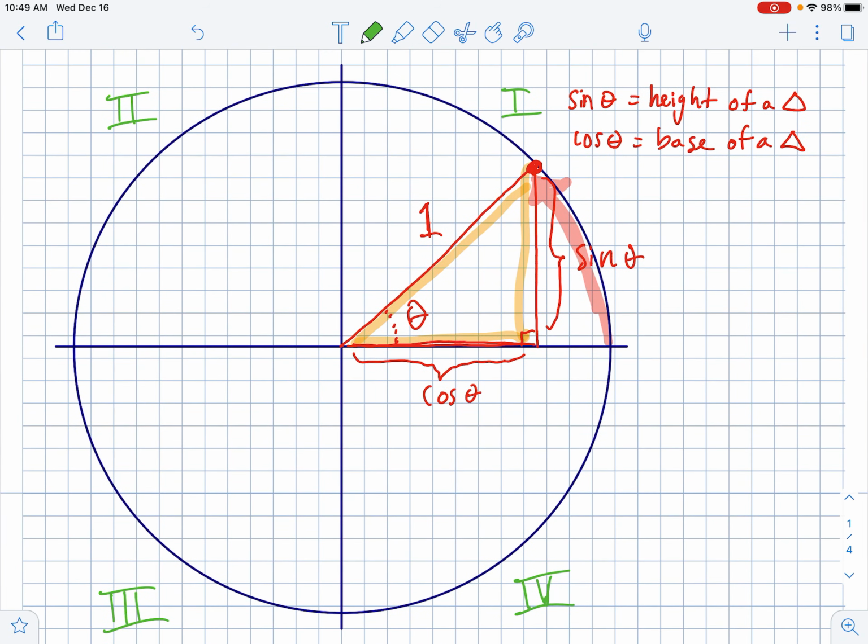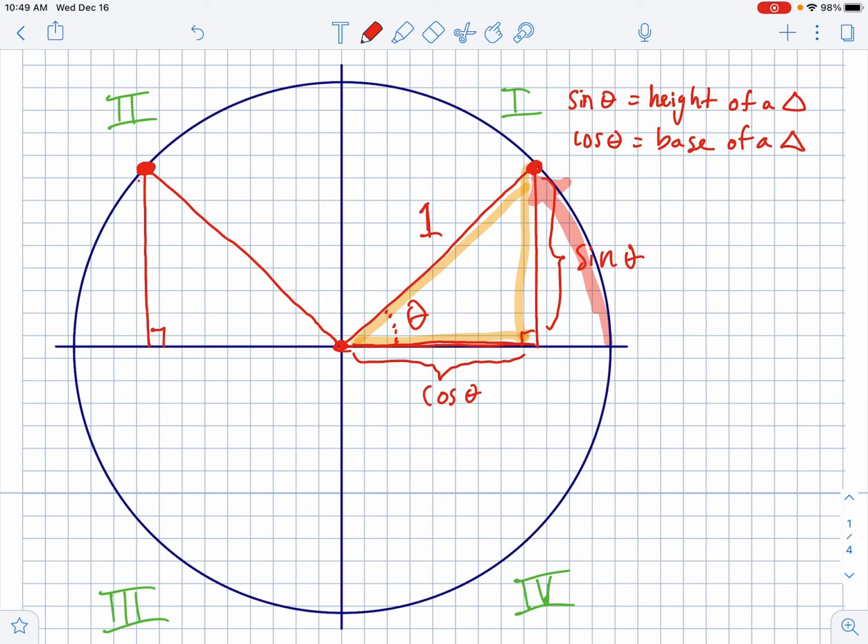So this orange triangle in quadrant 1 can be flipped over the y-axis into quadrant 2 and would look something like this. It would have the same height here. So it'd be like dropping it down here, still connecting it to the origin. Still a 90-degree angle.